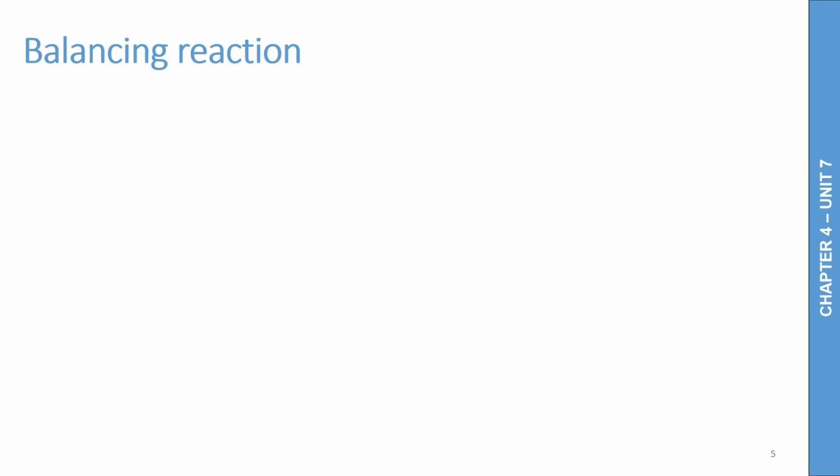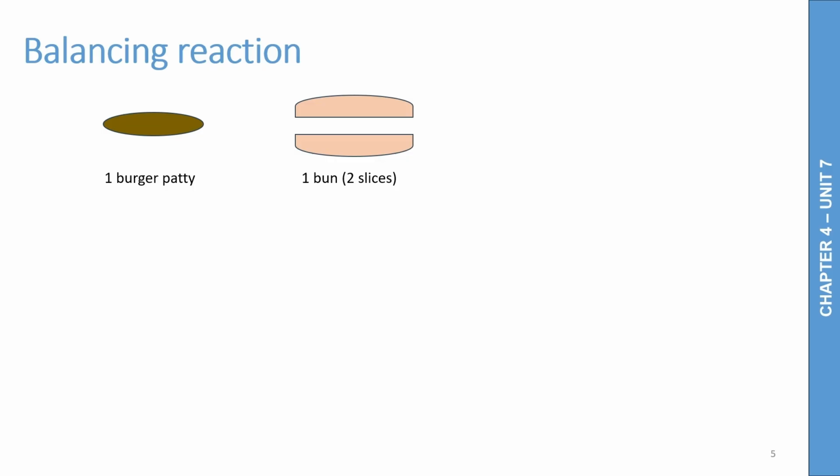So let's use a very common example just to balance the reaction. Let's imagine that we have 1 burger patty, 2 buns, and 2 slices of cheese. What I have here, I can call this patty, P, this I can call BS, and this I can call SC. So I have 2 of this and 2 of this, right?